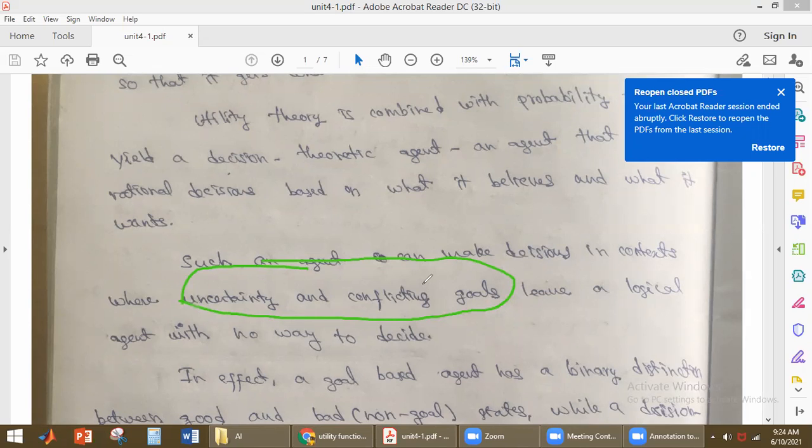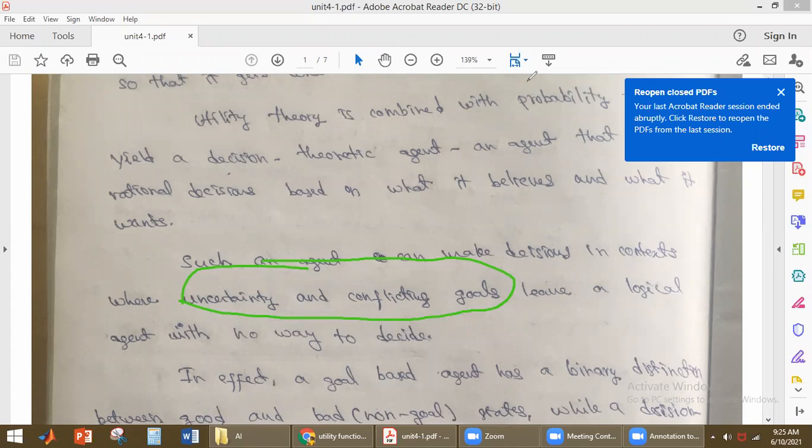Whenever the self-driving car is on the road, there are a large number of conflicting goals. More people will be crossing the road, some vehicles will be overtaking, and there are junctions like that. What type of environment is it? It is an uncertain environment because what happens next cannot be predicted.